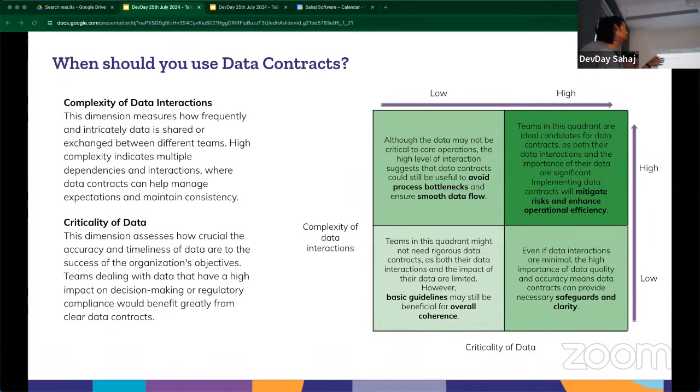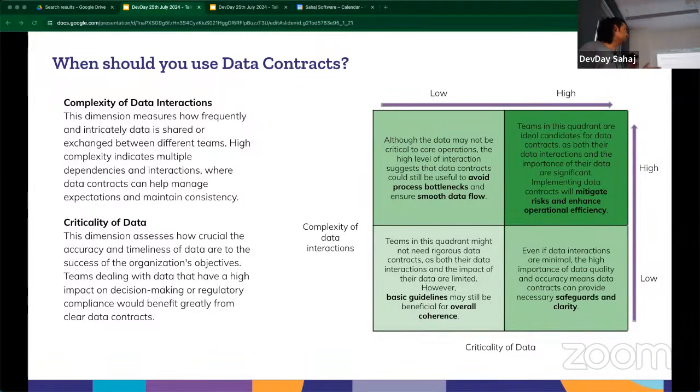So this is basically the y-axis. If you have a lot of teams that are exchanging data, you may want to consider data contracts so that you identify which are the bottlenecks and where you are exchanging data the most, so that you can get those teams to talk to each other and agree on a contract of sorts.